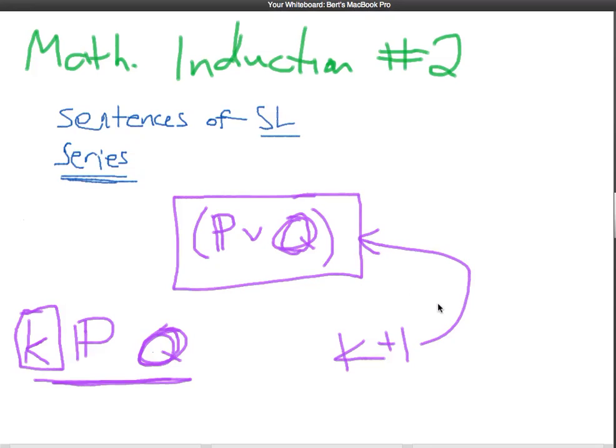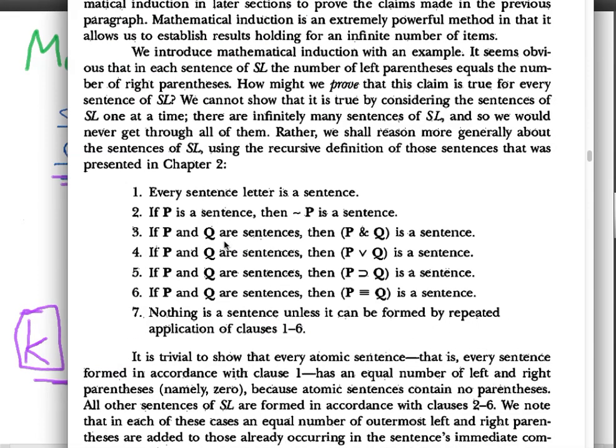But the only way that this will actually work is if I can put the sentences of SL into a series. And what I've just tried to show you is that in fact the sentences of SL do form that kind of series, given the way we construct them with this recursive definition of the sentences.